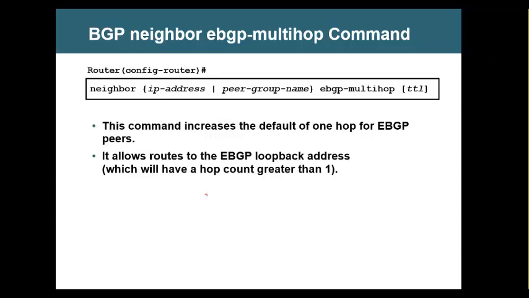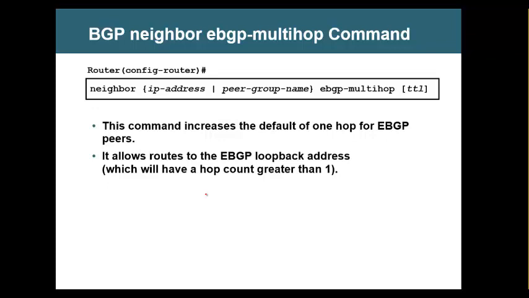Neighbor IP address, EBGP multi-hop, and whatever number you mention here is going to become the time to live value of the BGP packet.